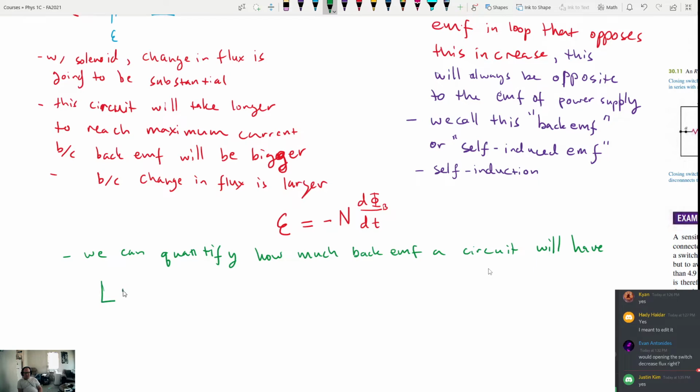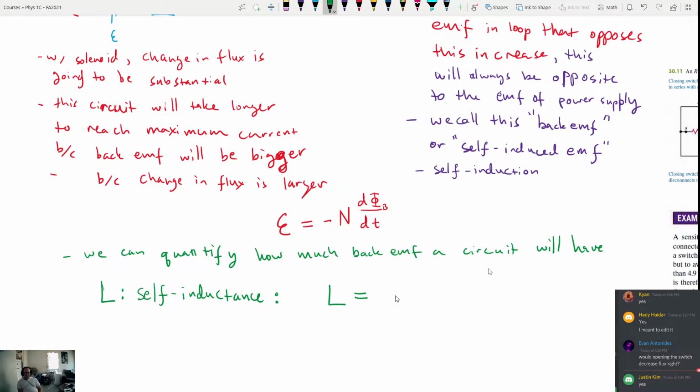We use the symbol L for this. I don't really know why. This is our symbol for self-inductance. And I'm not going to derive this, but I will give you an example of why it works. So the self-inductance L, there is a way of deriving it, but it's not particularly illuminating. We basically just use this equation.